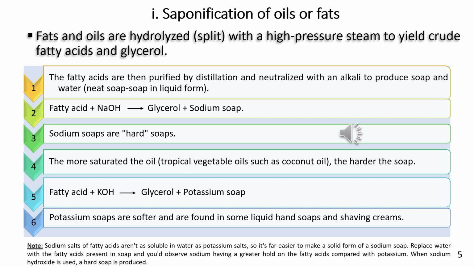So what is distillation? Distillation is the action of purifying a liquid by a process of heating and cooling. So here we purify fatty acid by heating and cooling. First we heat this solution and then we cool this solution.